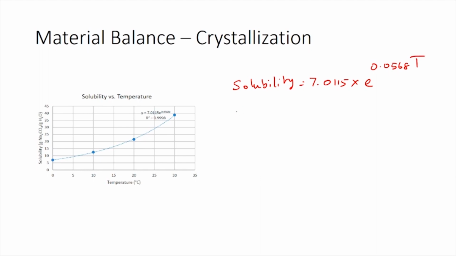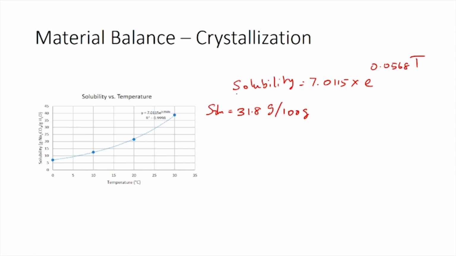So, we calculated the solubility for the exit stream as 31.8 grams of Na2CO3 per 100 grams of water. So, that needs to be used.